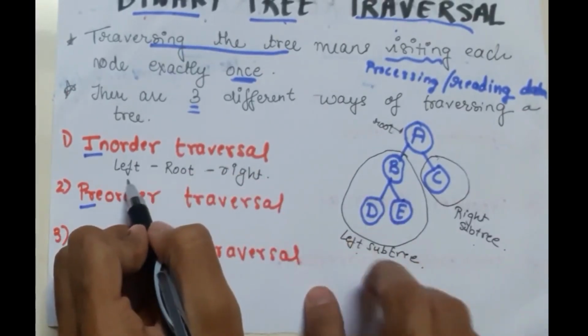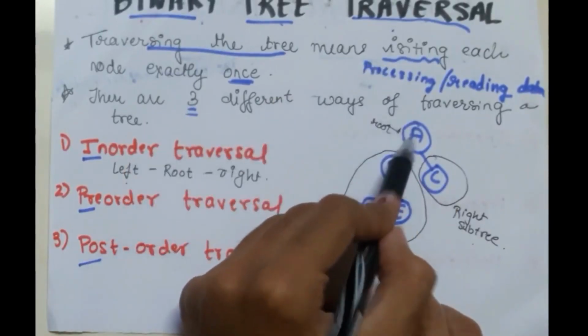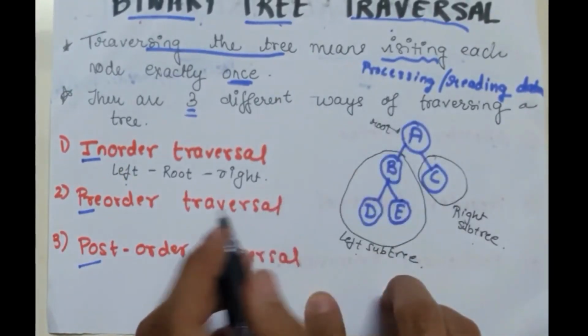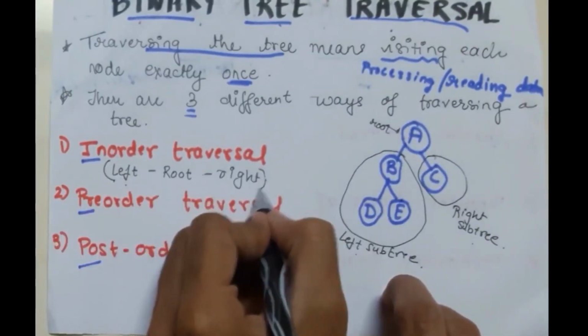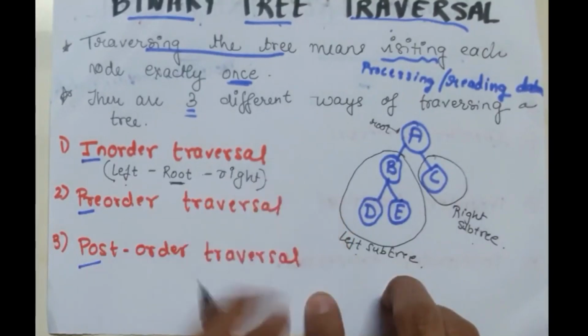Left, here left means traversing all the nodes of the left subtree, then the root and then the right subtree. Okay. The root will be in between left and right.